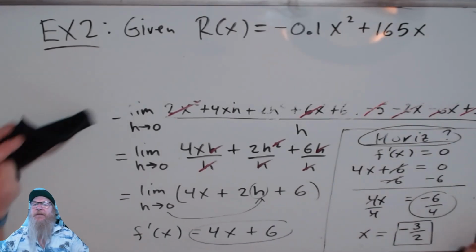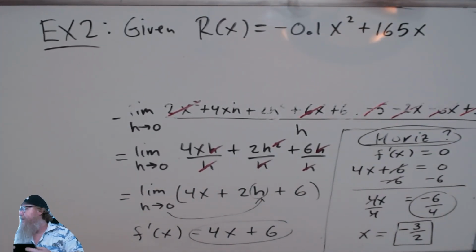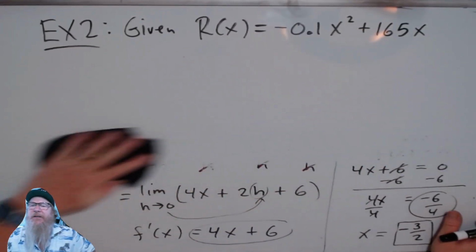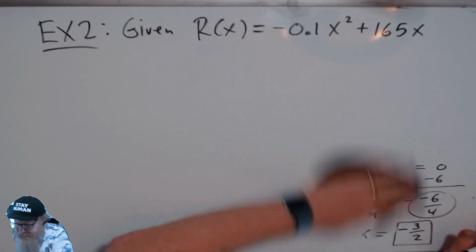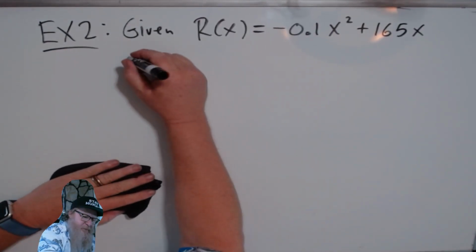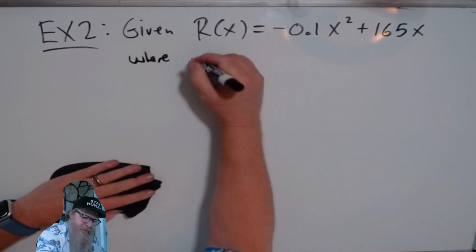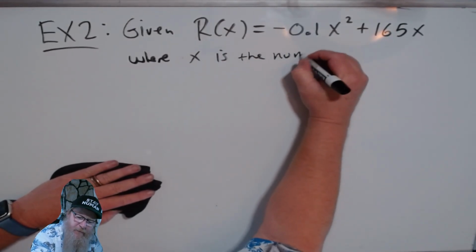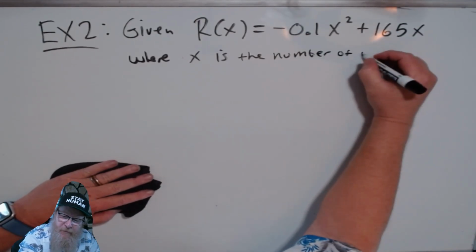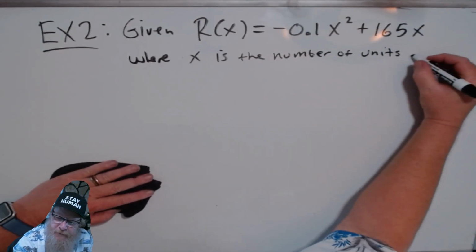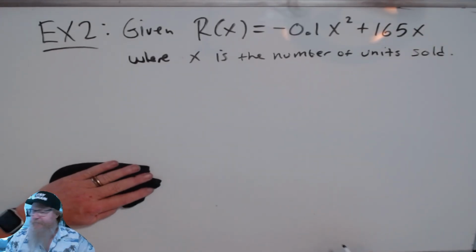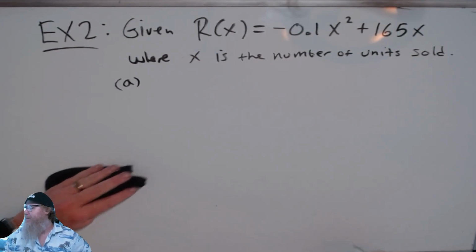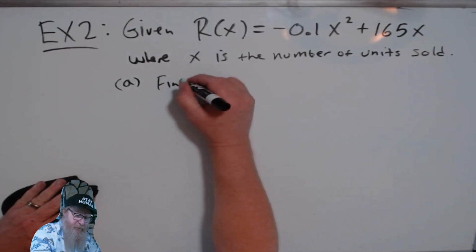I'm just going to assume that this revenue function has already been developed through research and analysis and observation or calculation, where x is the number of units sold. I'm going to give you both parts of the problem this time. So find the derivative.